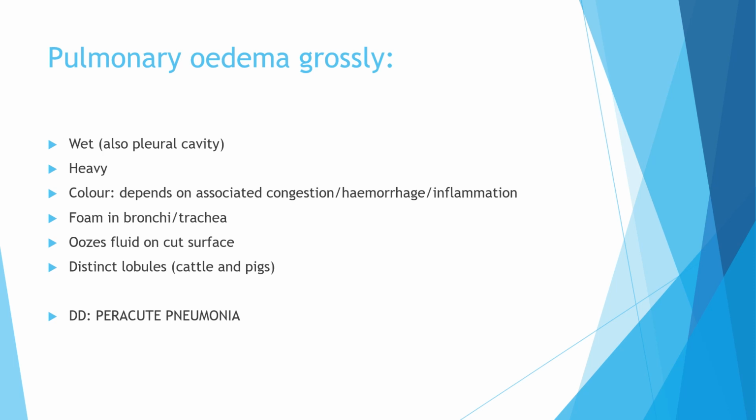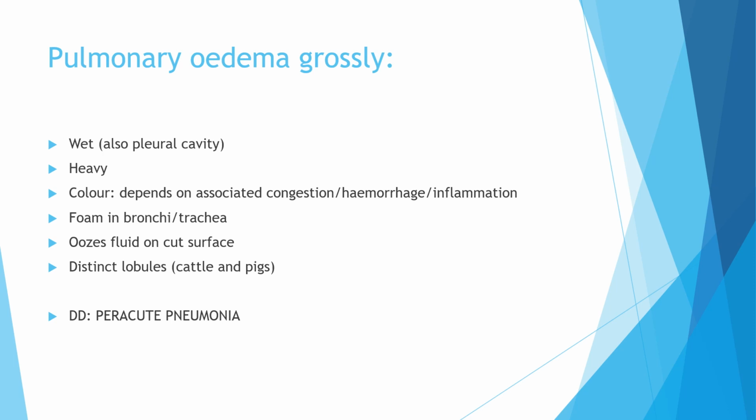The lobules of the cattle and pigs, like I already mentioned, become accentuated, okay? Because the vessels also are distended, because they're trying to get rid of the fluid that has now accumulated for whatever the reason it is.